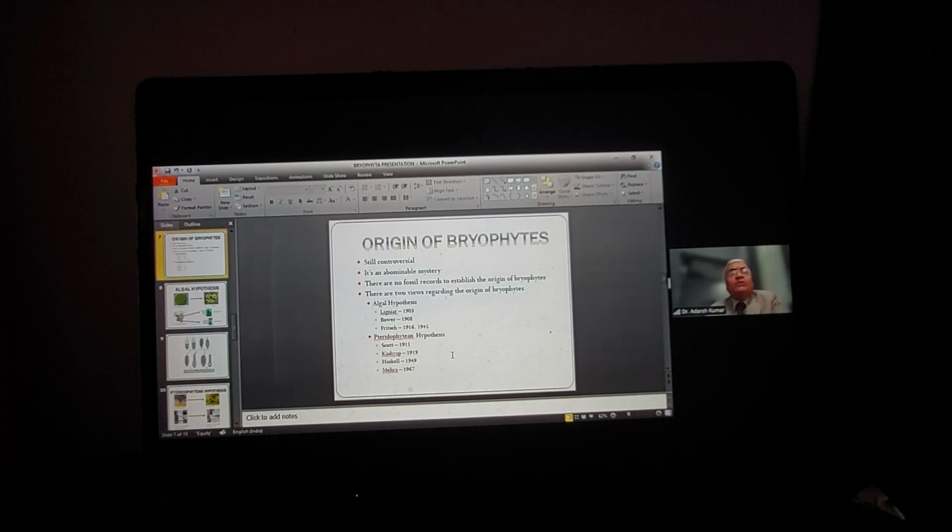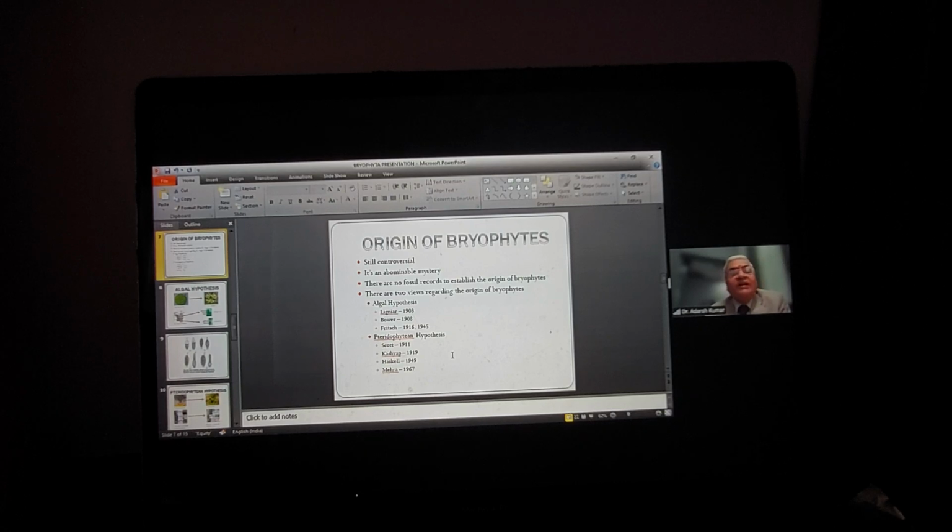Now I'm talking about the origin of the bryophytes. This is still controversial. It is an abominable mystery. This term, abominable mystery, was coined by Charles Darwin for the angiosperms. A similar case lies in the bryophytes.